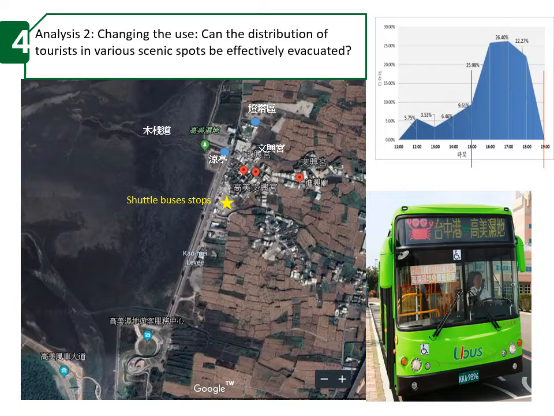We assume that replacing driving cars with a shuttle bus may decrease the crowding. Based on this control strategy, the simulation has been designed so that there is a shuttle bus with 43 visitors every 5 minutes. It is possible to effectively evaluate the distribution of tourists at various scenic spots.